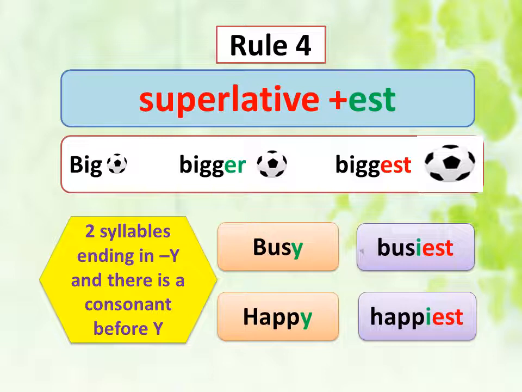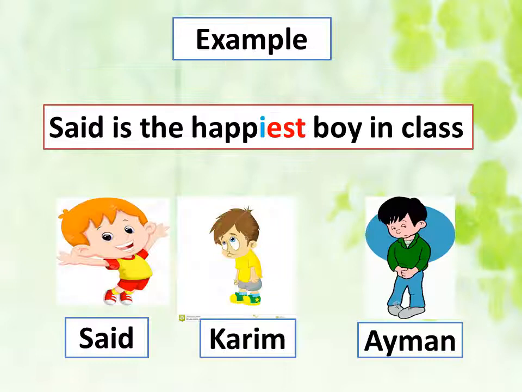Happy, happiest. I am the happiest in the world. Here we have y and before y a consonant, so we remove the y and add iest. Example: look at Said, Karim, Ayman. Who is the happiest? Said is the happiest boy in class.